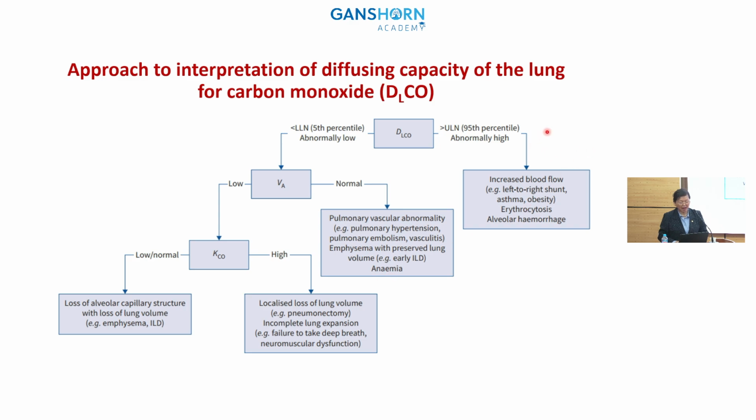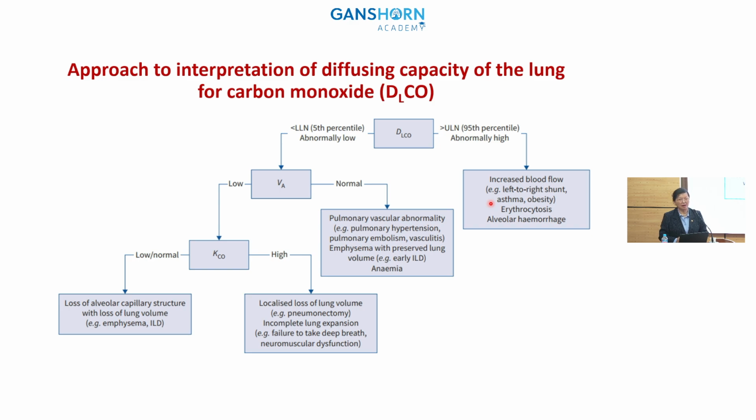But if we have a high DLCO, greater than the upper limit of normal, we have increased blood flow, for example, left to right shunt, and a very important one is that it will help us differentiate COPD from asthma.